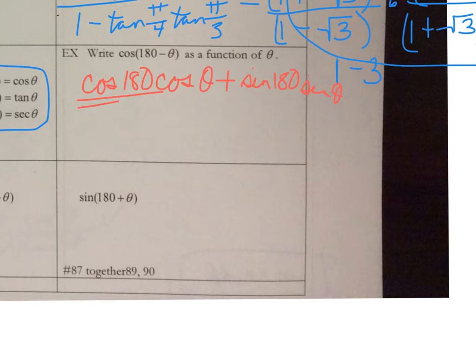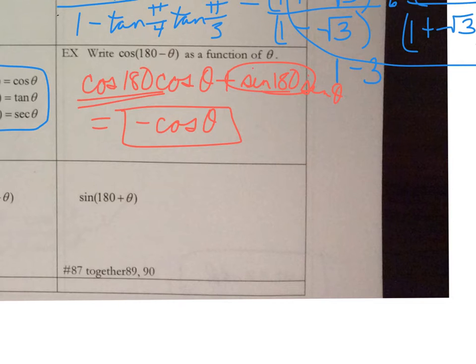Alright, well, cosine at 180 is negative 1. Negative 1 times cosine theta would be just negative cosine theta. Sine at 180 is 0, so 0 times sine theta is 0. So to write it as a function of theta means we just want something with a theta in it. There it is, negative cosine of theta.